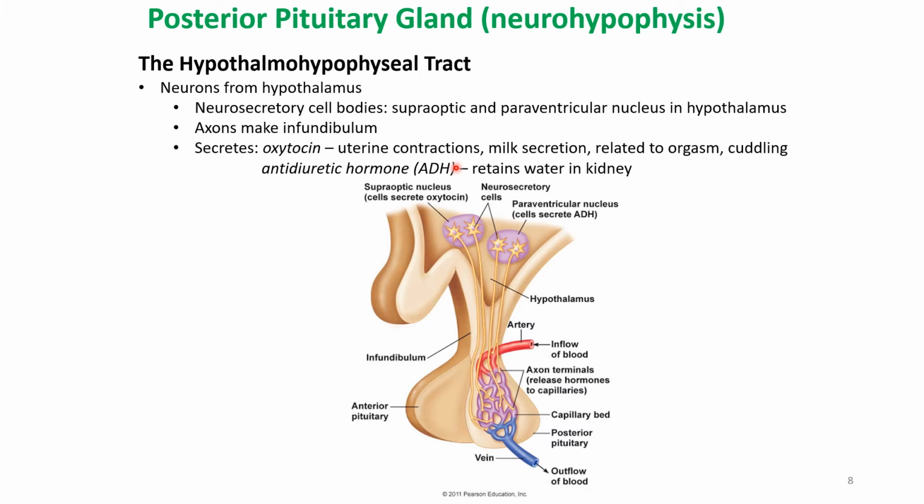So if the central nervous system is slowed down, it's not going to be secreting as much ADH as it normally would. As a result, you won't be retaining water as much as you normally would, so you end up peeing a lot more of it out. That's why alcohol makes you pee more, because you're inhibiting the ADH production.